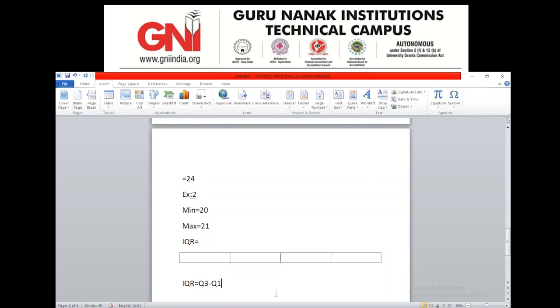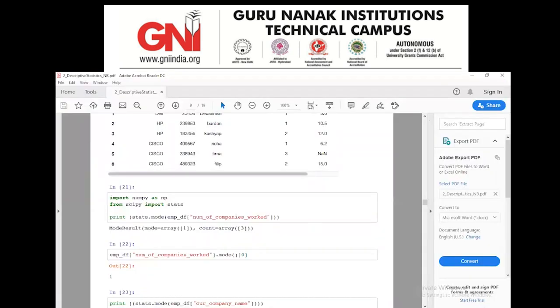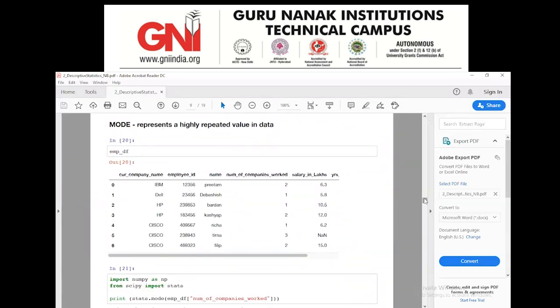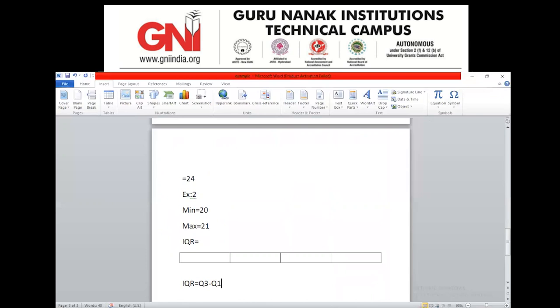So IQR may be applied on any kind of data for knowing how many sales will be there in the middle. In Python or R programming, there is a concept like a summary of a data set. There it will display the quarterly sales and the like. Those built-in functions give it directly, but you should also know how to calculate it in terms of formulas.